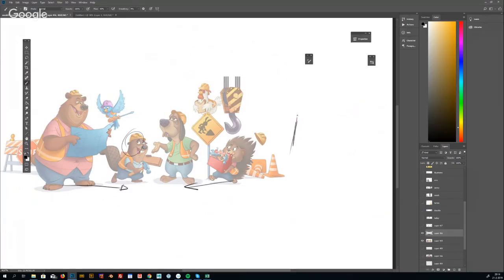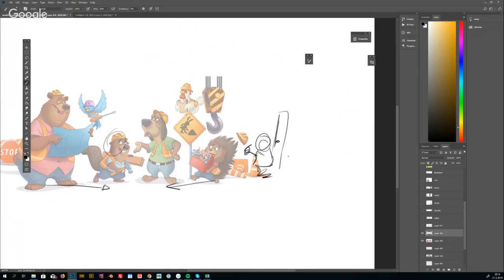They are building something, and you see him hitting on that plank or something, and this character is getting his tools. You say, "Oh, I have your hammer here," or something. It can be quite easy.